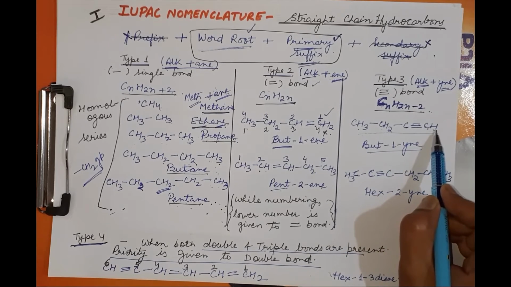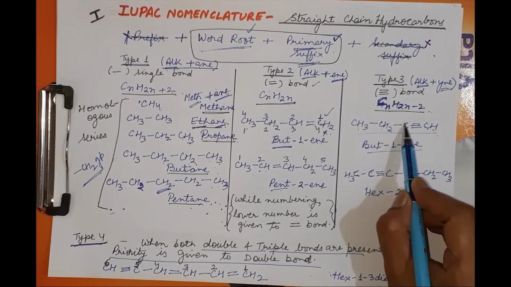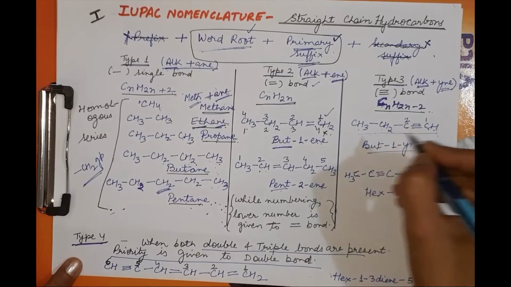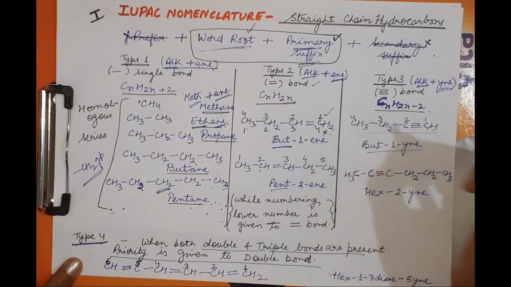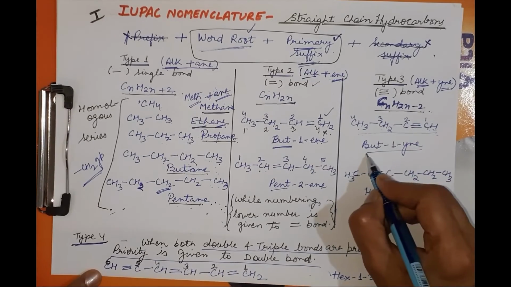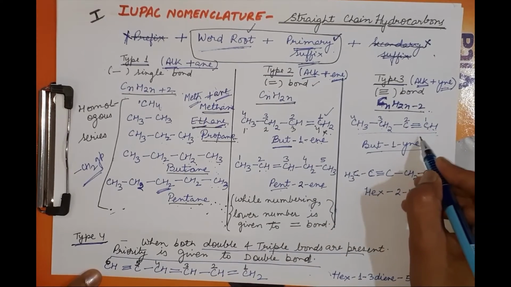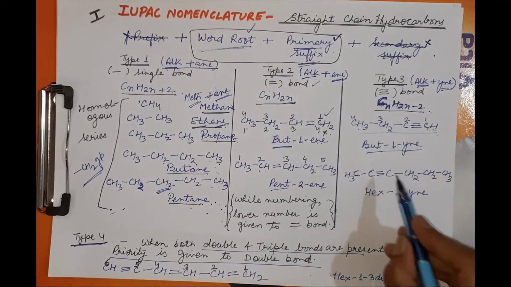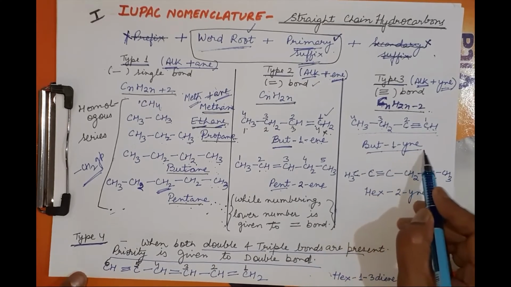But if we start from right to left, 1, 2, 3, 4, this is the correct way of giving the number, because then this triple bond will have the lower number and then it is called but. Position of triple bond is 1 and yne because triple bond. So name is but-1-yne.